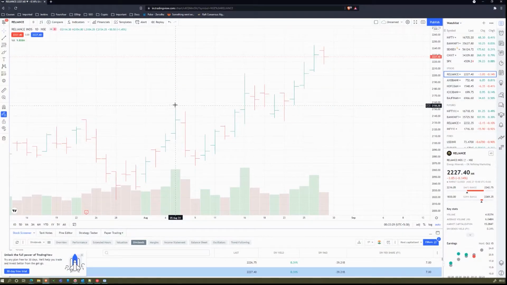So what do you understand from this chart? If you notice, each of these bars has one horizontal line to the left and one horizontal line to the right. The one on the left represents the opening price, while the one on the right represents the closing price.